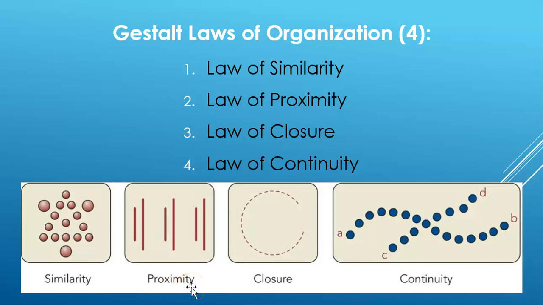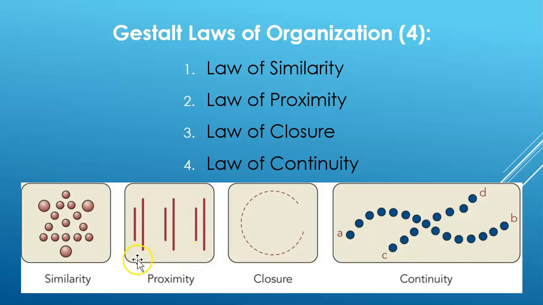The second law of organization is the law of proximity. And this one's pretty similar. Pretty much things that are closer together get grouped together. So for example here, if we were using the law of similarity, we'd group these long lines together and the short lines together. But that doesn't really make sense in this example because they're still far away from each other.